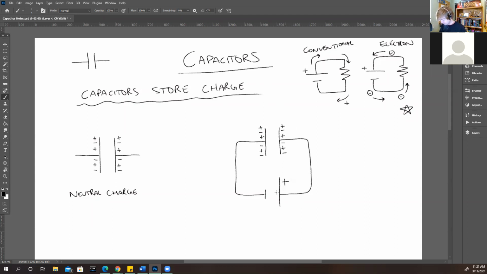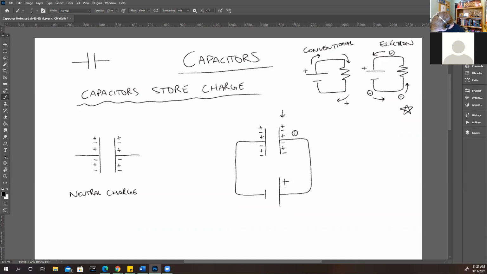What's actually happening, we have this positive side of the battery. When we hook it up to this circuit, the electrons on this side of the capacitor can feel this large attraction to that positive side of the battery. It's much stronger than that of the positives on the plate.